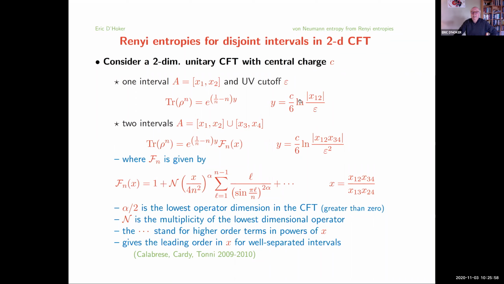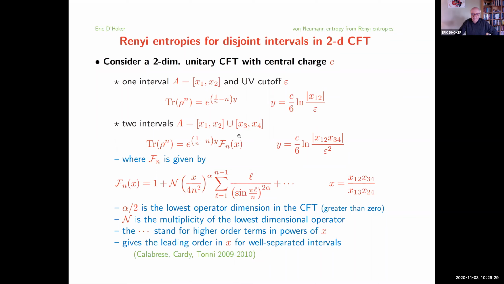So this formula was derived by Cardy. If you have two intervals written like so here, then you have, first of all, a prefactor, which is reminiscent of the single interval prefactor, and in fact combines the contributions from the two intervals in this way with the cutoff, and again the central charge C. But now it's multiplied by a function.